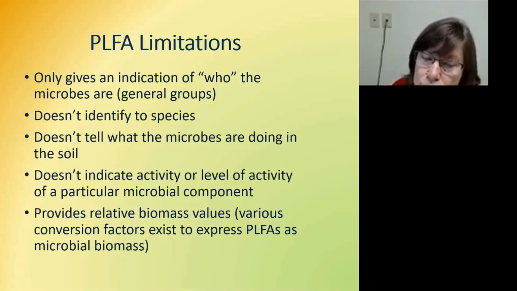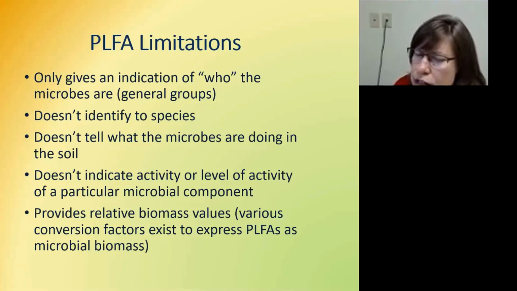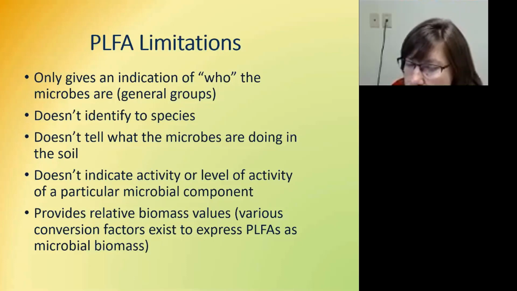There are conversion factors that you can use, and I think that would be instructive, because if you remember, little tiny gram-negative bacteria have 2 layers of phospholipid fatty acid bilayers, whereas if you have fungal hyphae, they probably have a lot fewer phospholipids per total body weight than a gram-negative bacteria does.